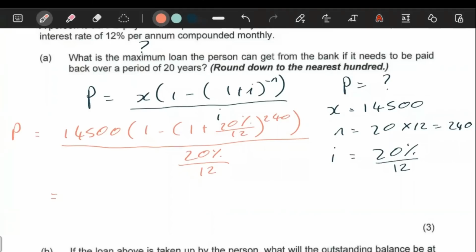So this here, you have to make sure that in your calculator, don't forget to put this with a negative exponent. So all this being done, you're going to get here 800. Yo, it's a huge loan. Yo, but the interest rate is also crazy. 853,531.31. That's what your P value is going to be.